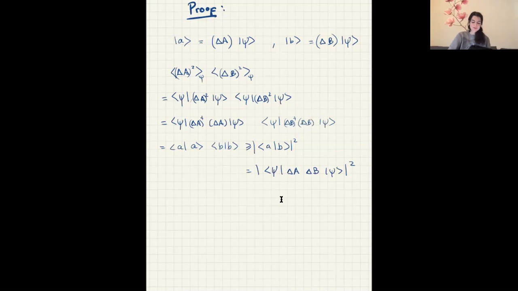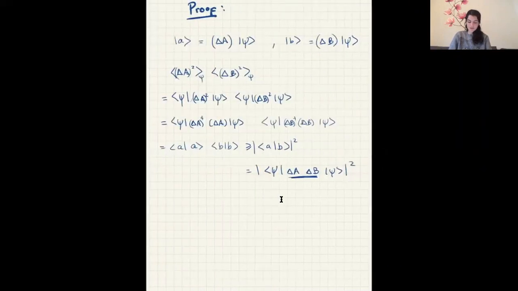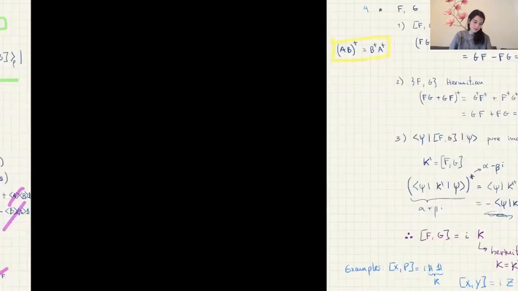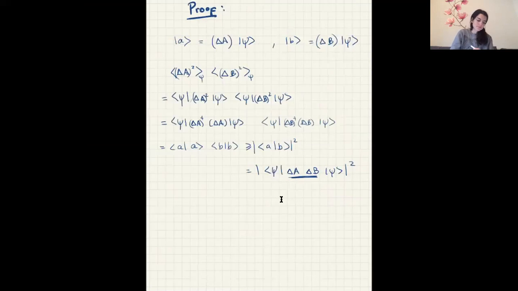Okay, so far so good. Now, what we'll do is we're going to take this and replace it with a commutator by using the commutator and the anti-commutator of these two variables, by using this third ingredient here. Okay. So there we go.